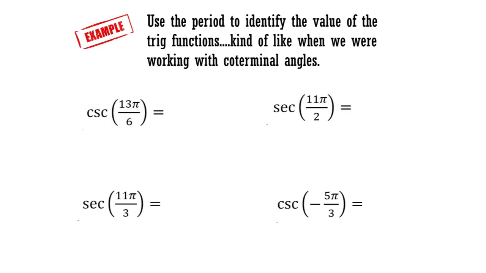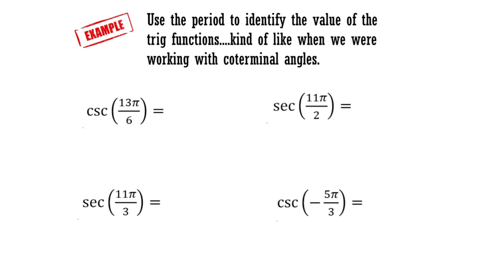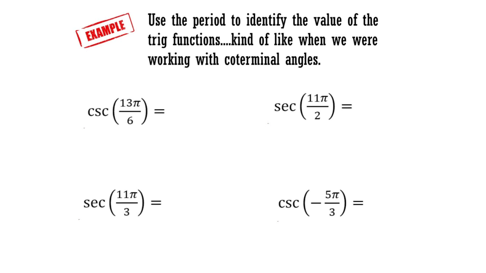So we can use the fact that these are reciprocals or quotients to figure out the actual value of a cosecant or a secant. Now, you don't have to know these off the top of your head by any means, but you have to be able to think your way through it. So let's start with 13 pi over 6. I'm looking for the cosecant of 13 pi over 6.